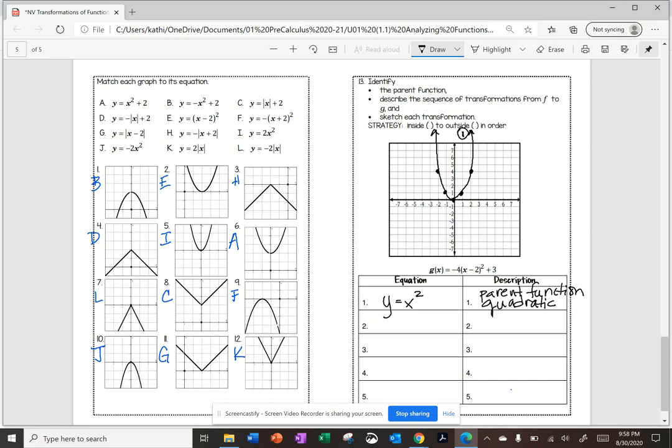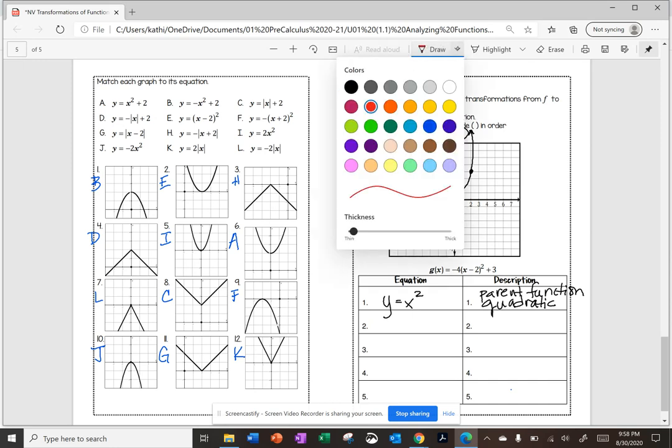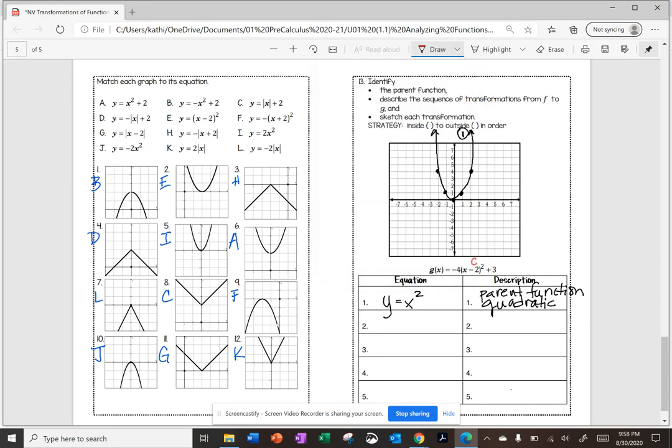The first thing I notice is that I don't have a negative for my B. So the first transformation I'm going to do is look at C. If I add that in, y equals x minus 2 quantity squared. This is my horizontal shift, and I'm going to shift right 2.